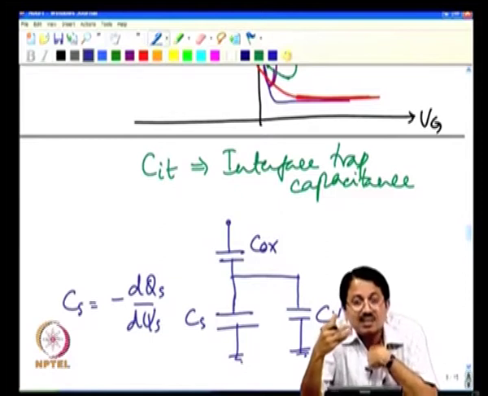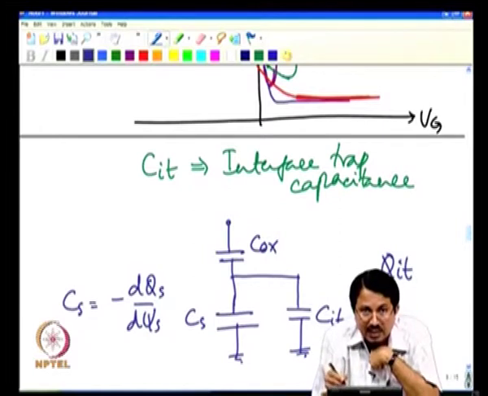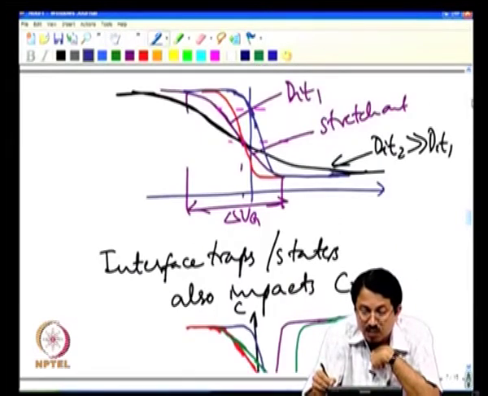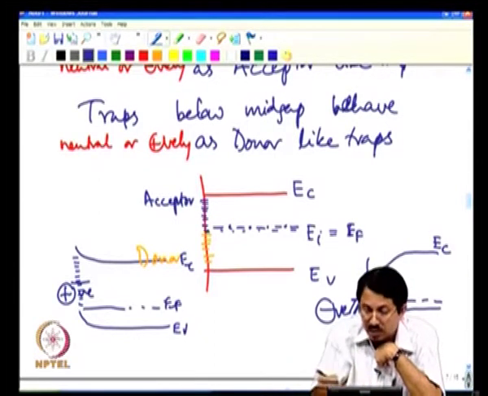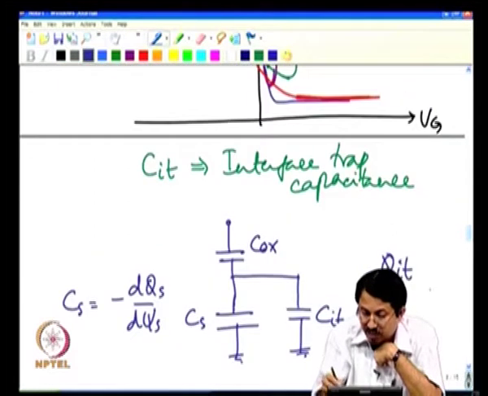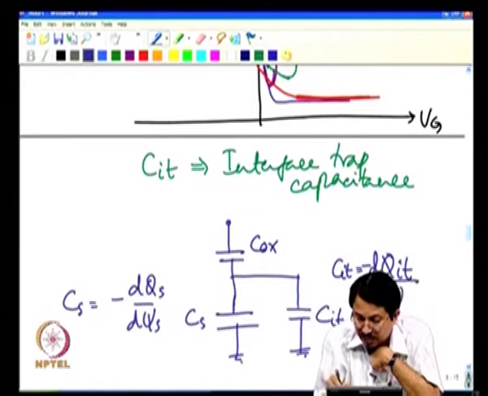There is certain charge in the traps which we call QIT, and this QIT is changing, which is precisely what we discussed. I am trying to change the surface potential, and that changes the charge in the traps, and hence we define this term called CIT, which is minus dQIT by d psi s.